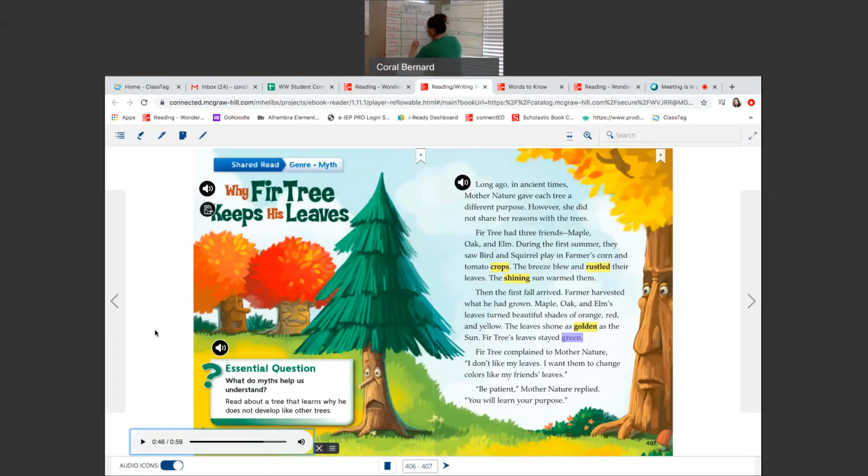I'm going to write the definition: gold in color. And my picture is going to be a pot of gold. There we go. Hey, and gold shines, doesn't it?